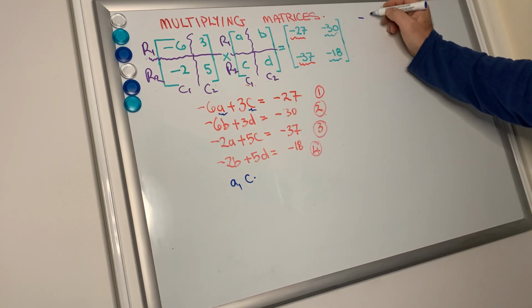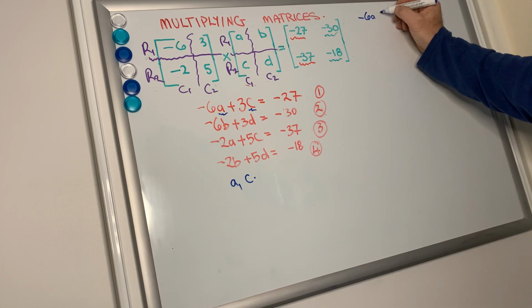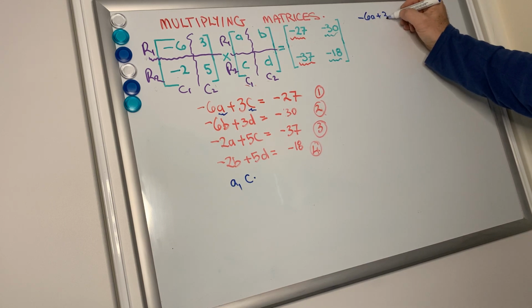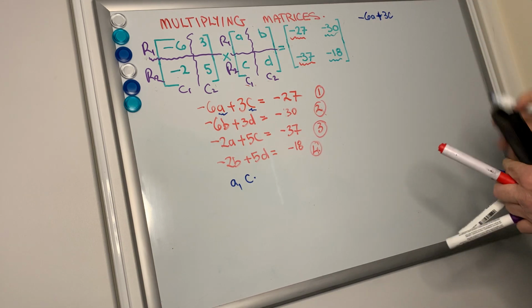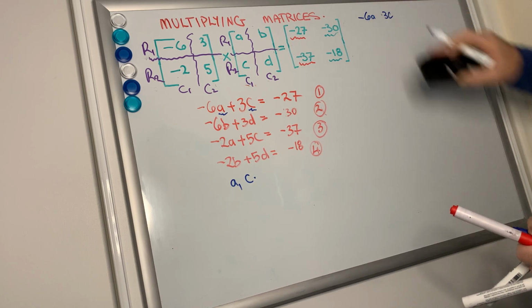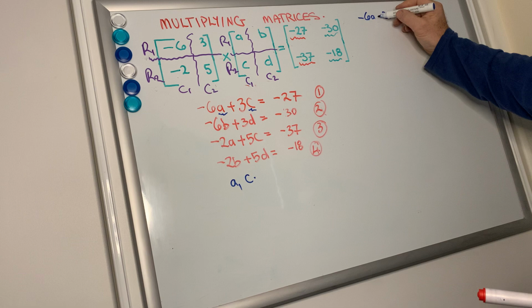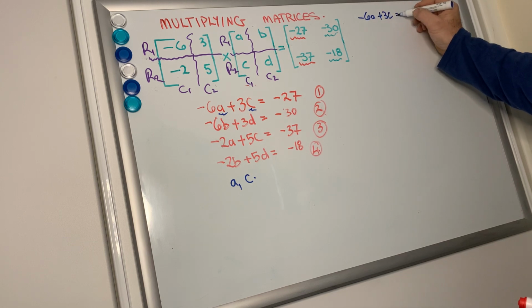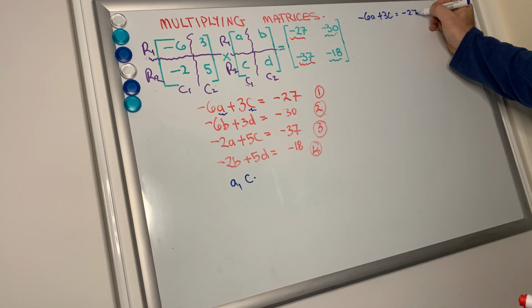So minus 6A plus 3C is equal to minus 27.